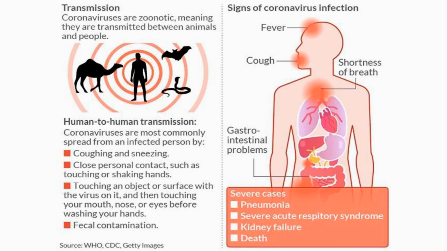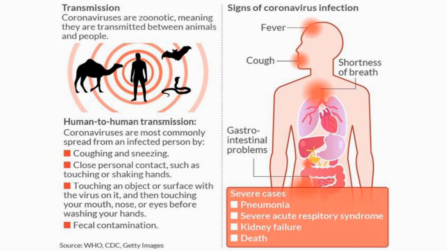Coronaviruses most commonly spread from an infected person, either by coughing or sneezing, personal contact, touching, shaking hands, and even if they touch objects or other surfaces, and if a healthy person touches that surface and eats with those hands, then he can get infected, and also through fecal contamination.